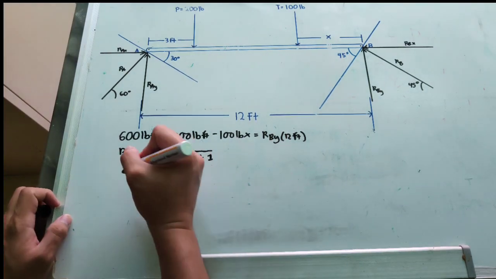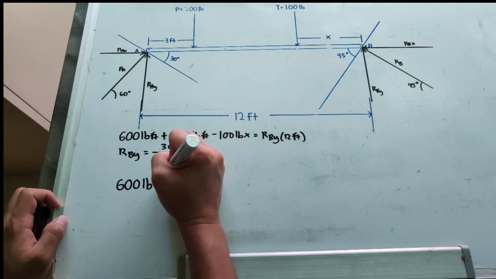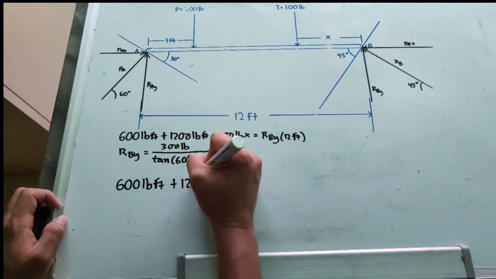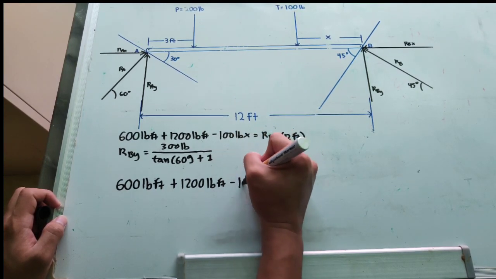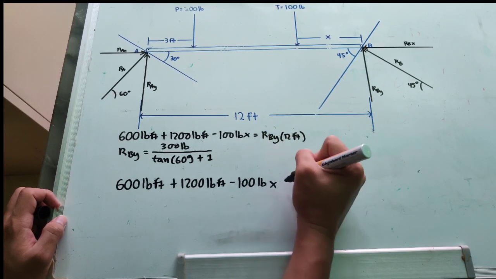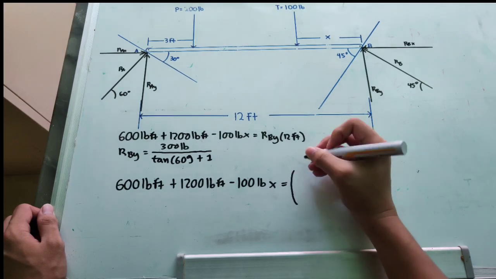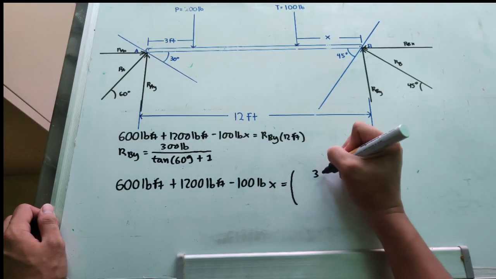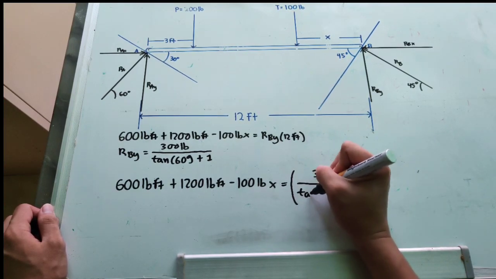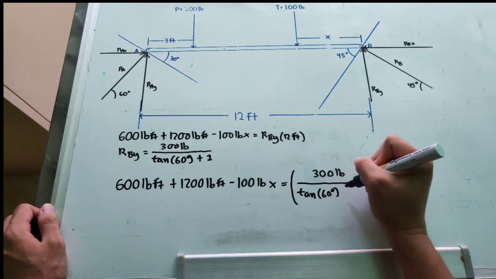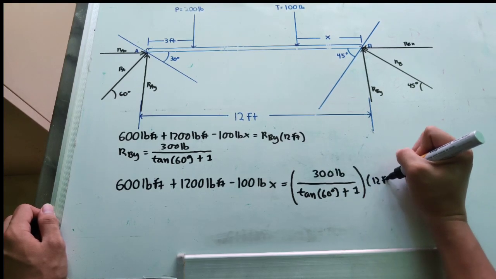So doing so, we have 600 pound-feet plus 1,200 pound-feet minus 100 pounds x is equal to open parentheses 300 pounds over tangent 60 degrees plus 1, multiplied by 12 feet.